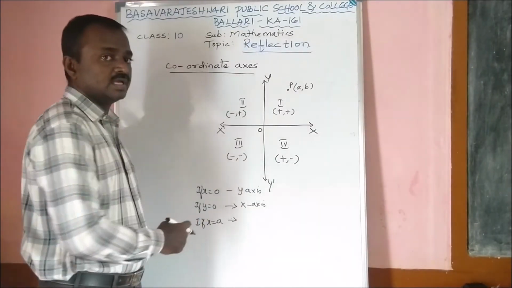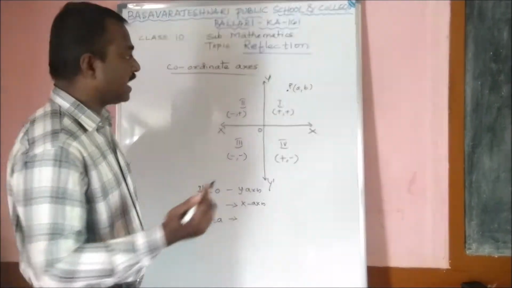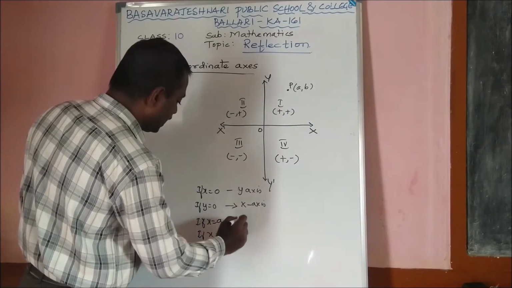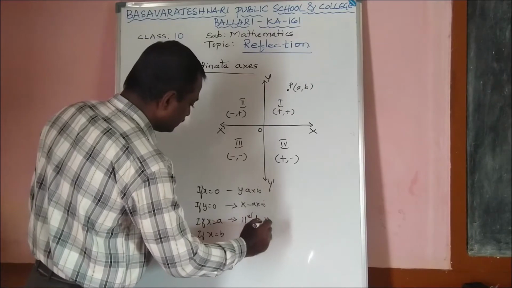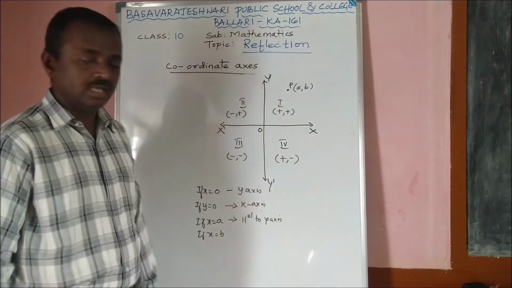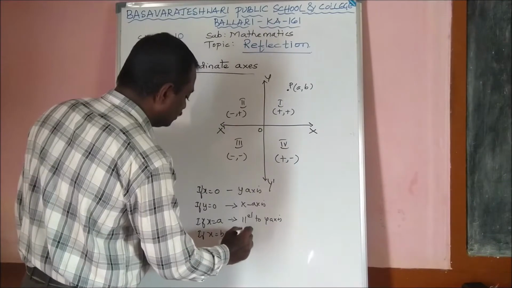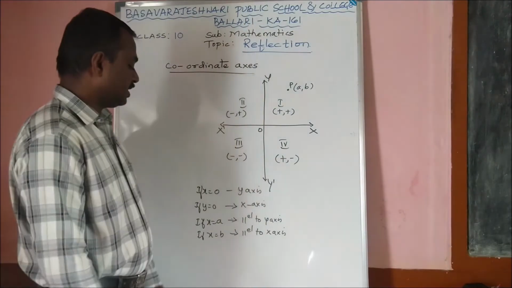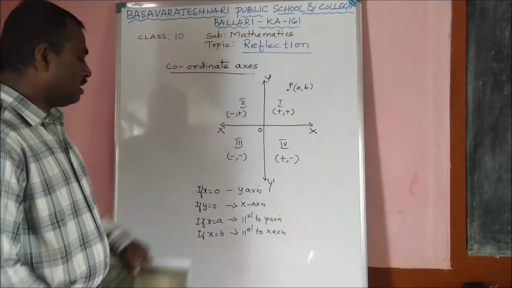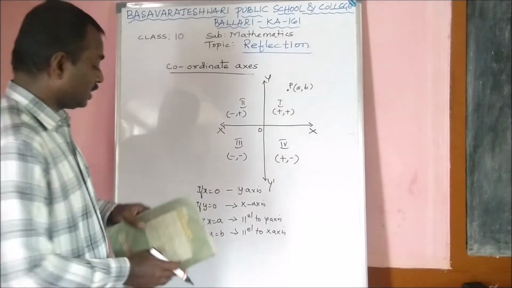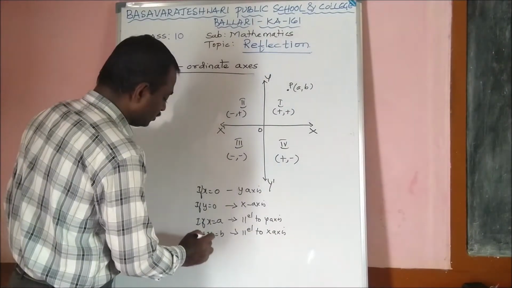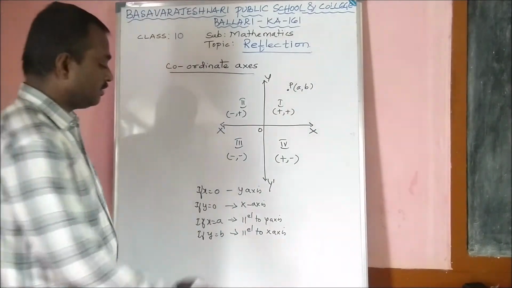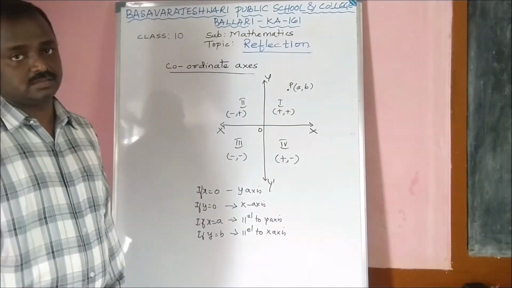If y is equal to b, sorry, not x, y is equal to b, then it is a line parallel to x axis.